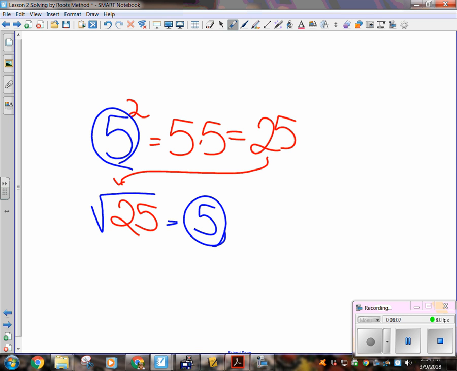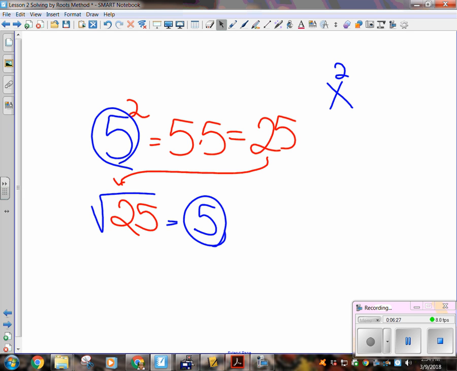Does everybody get it? So if you square something, and then you take the square root of it, if you do both of those same things to it, you basically undid what you just did. Now, let's say I take the letter X and square it. That means two X's, right?